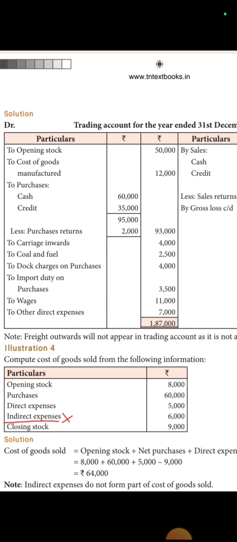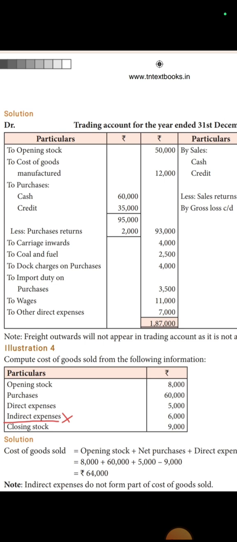Are you clear? Okay, what is meant by sales? Actually, you did not sell that 1 lakh rupees worth of goods exactly at cost. We have some profit from that. So you sold 1 lakh rupees value of goods with 20,000 extra profit.